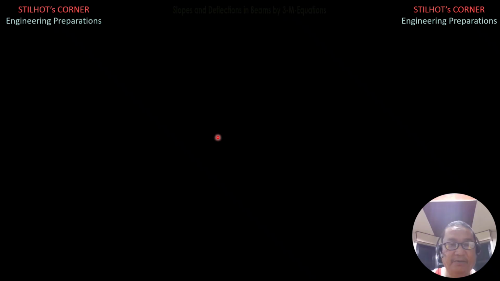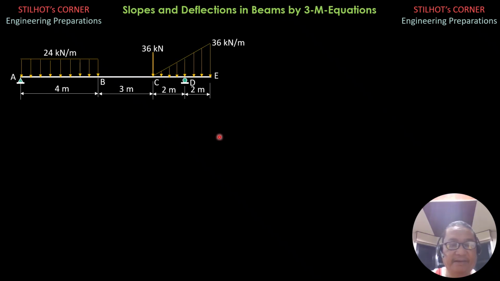So to continue, let's have the beam. Then let's consider this time ADE. So let's apply the three-moment equation on portion ADE. The horizontal reference at D crosses A, so delta A would be 0, and delta E is automatic.